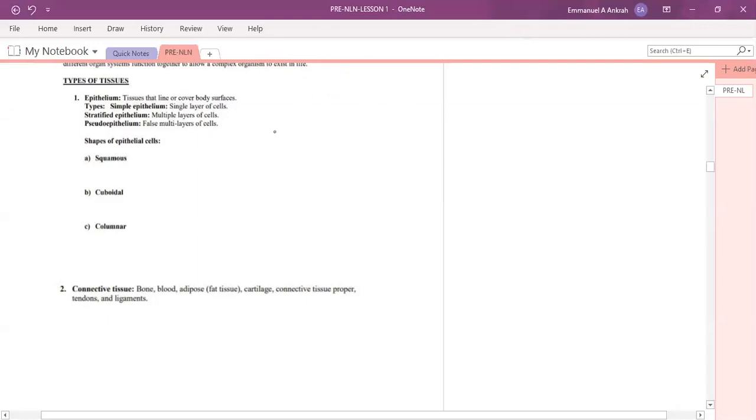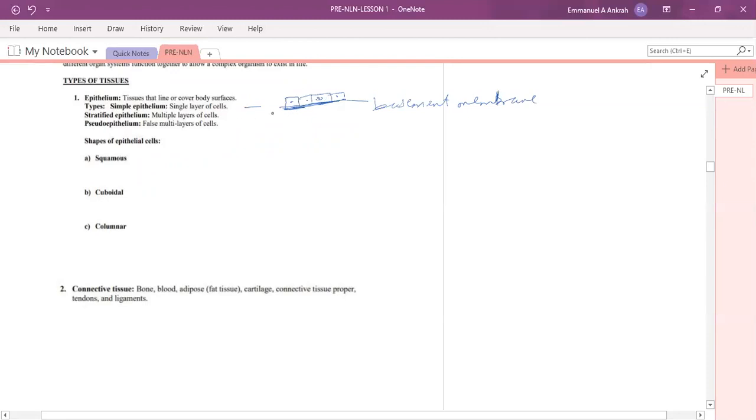So simple epithelium, it can be one cell. That means you have what we call the basement membrane, and then you have the cell on it like this, with the nucleus in there. Okay, so this is called a basement membrane, and the cell on it.